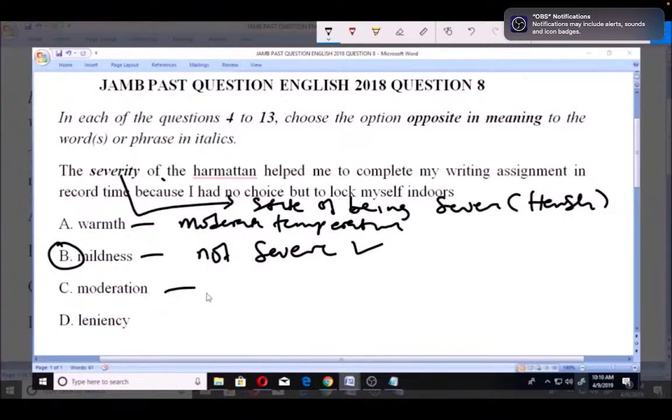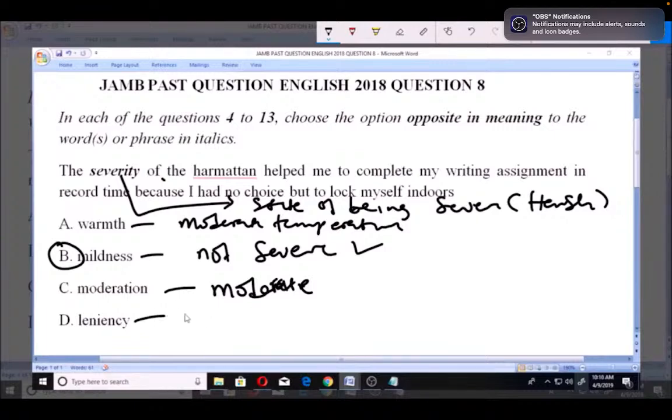Moderation is something that is moderate, just like warmth. But in this context, the moderation of the harmattan, the structure of the English is not very good.